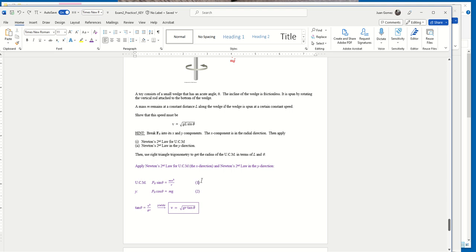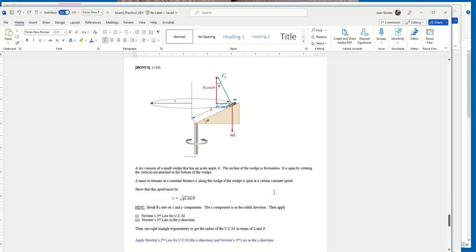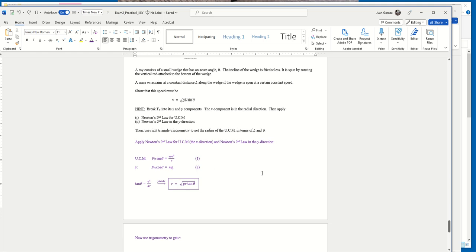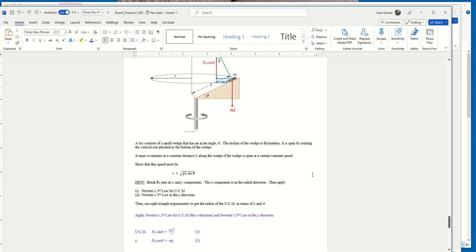Now in the y direction, remember, you spin the wedge at a certain speed, the mass undergoes UCM in this horizontal circle. There's no acceleration in the y direction. So Fn cosine theta must equal mg.